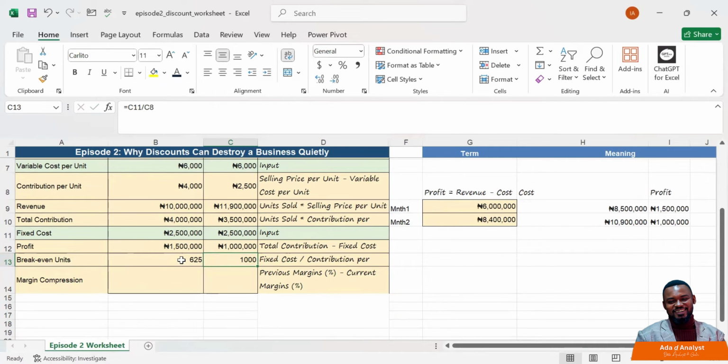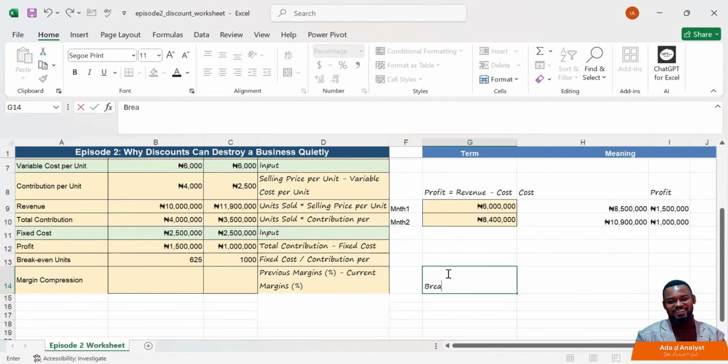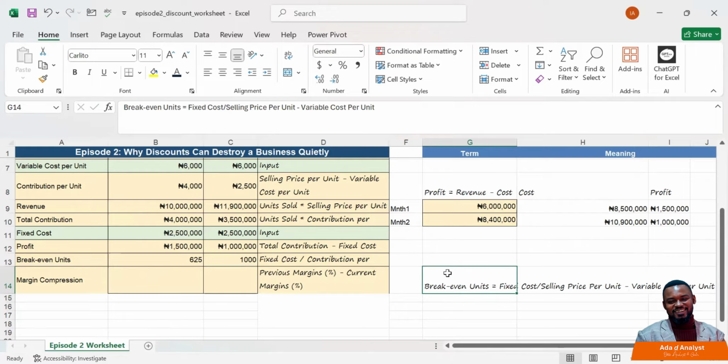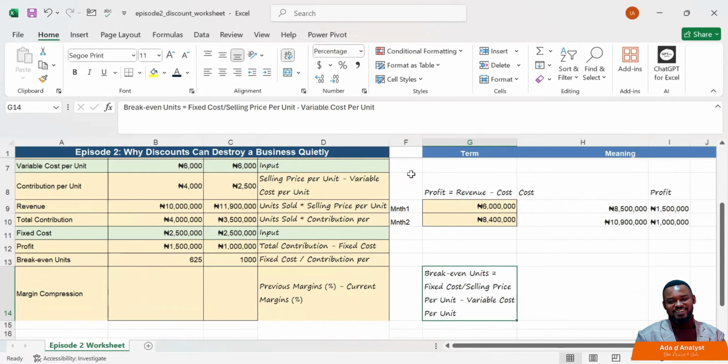Okay, now you can have a break-even formula as this. We could say break-even units equals fixed cost divided by selling price per unit minus variable cost per unit.